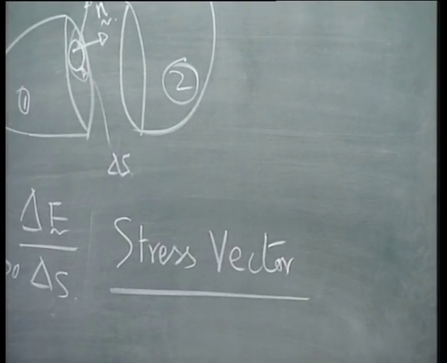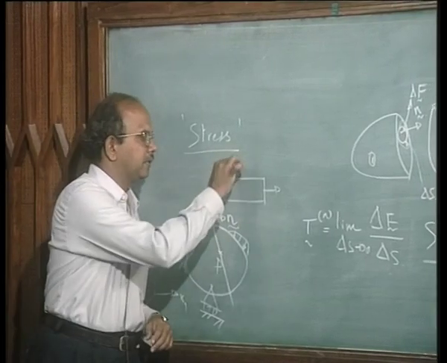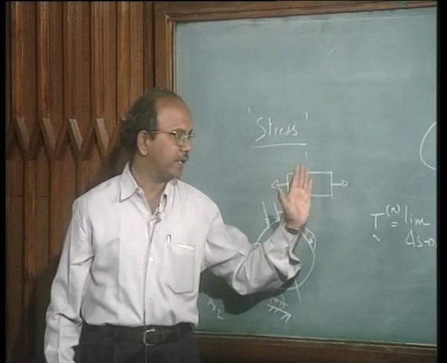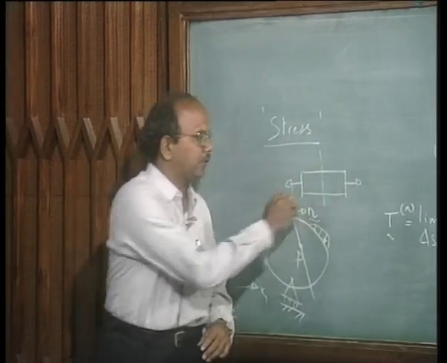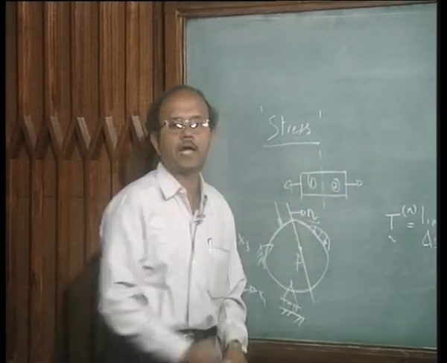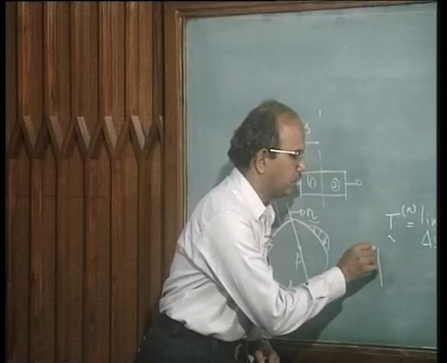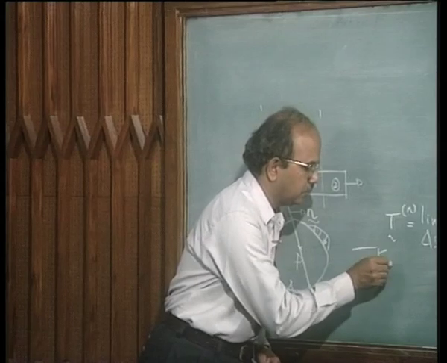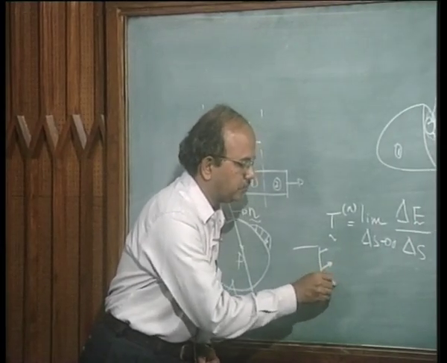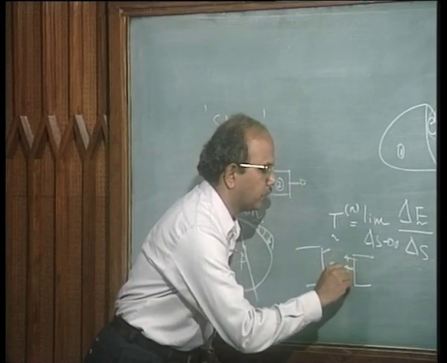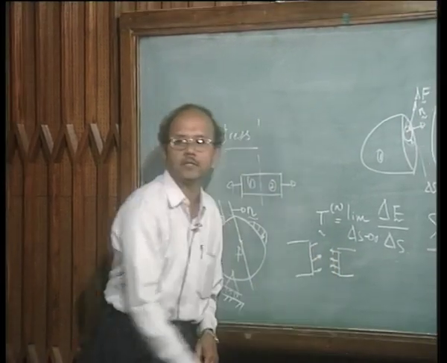Is that clear? If you remember, if I had this particular bar, and in fact if I had cut this piece into two pieces like 1 and 2, and had asked you to draw a free body diagram for this, you would have drawn on this side something like that, and on this side a corresponding force acting in the opposite direction.